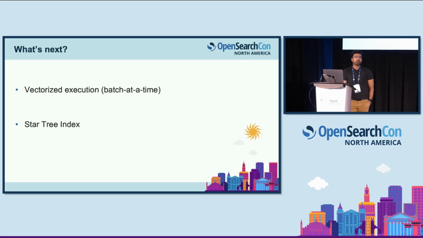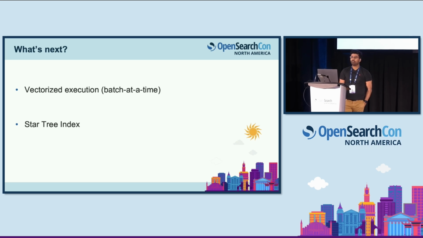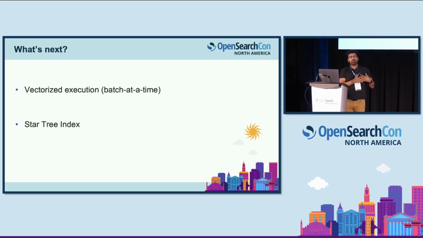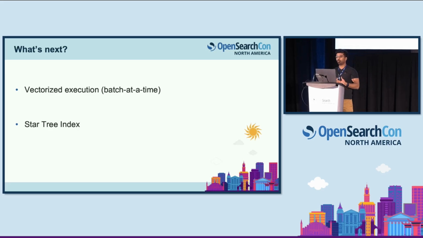In addition to skip list based optimizations, we are also looking at vectorized execution. As we discussed earlier, we are processing aggregations one document at a time, which is not a very efficient approach.